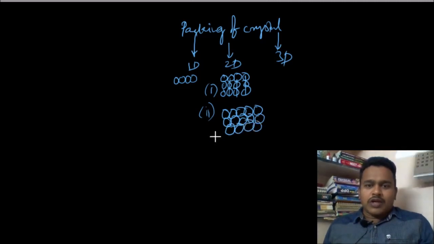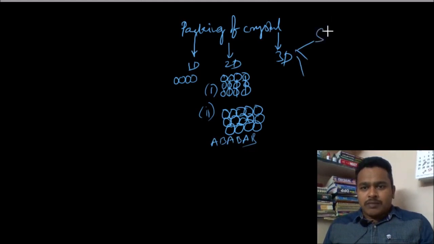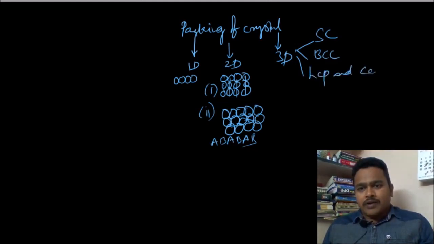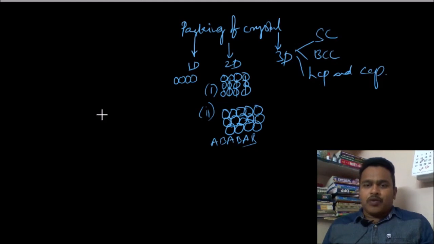This is the AB AB AB arrangement. In three dimensional packing, we studied simple cubic packing and BCC. Now we are going to study HCP and CCP.